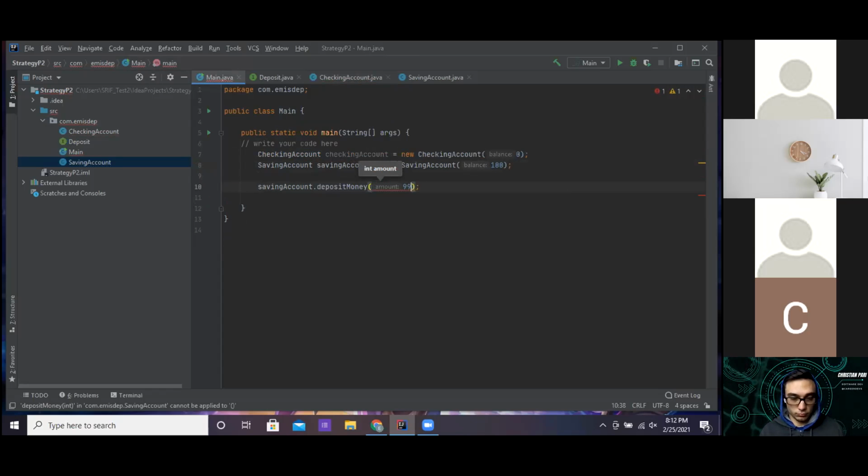And we'll deposit 900. Then checking account, deposit money, 200.